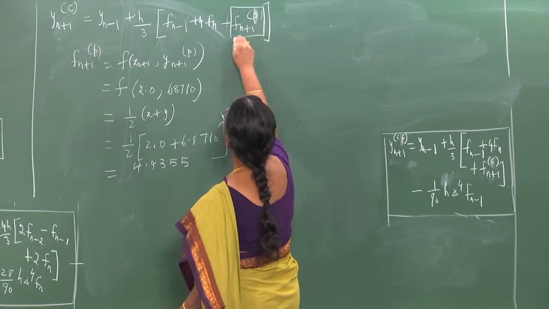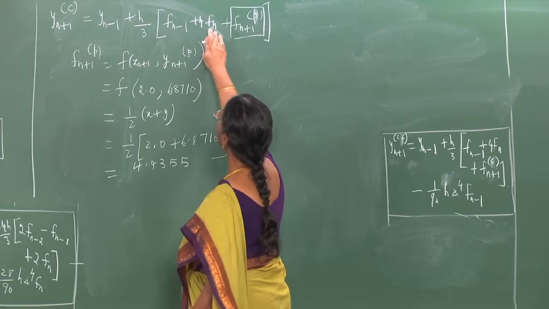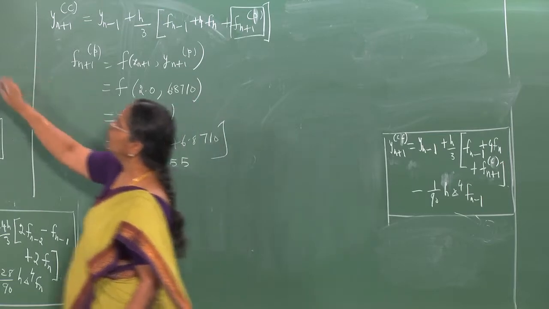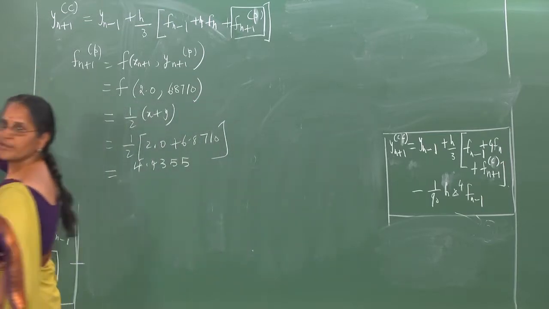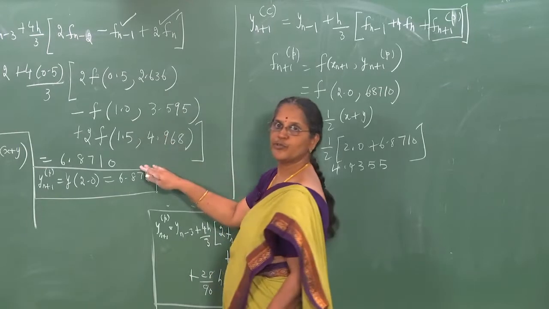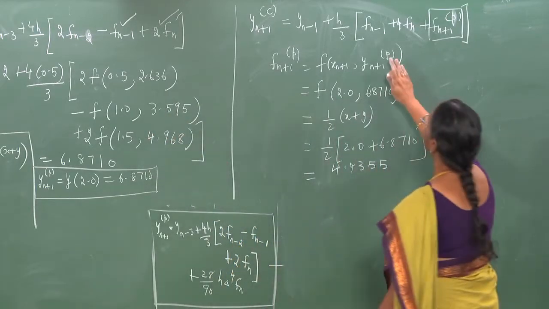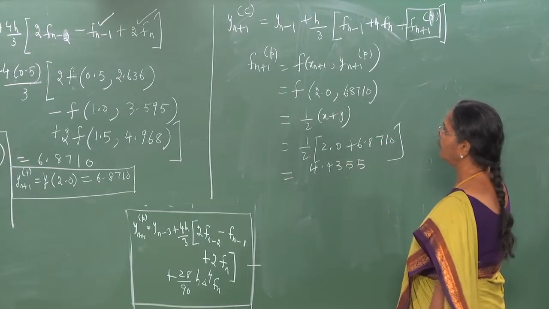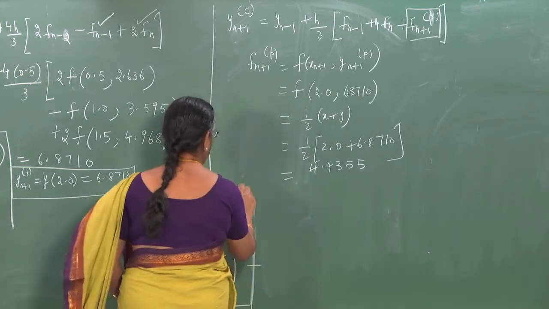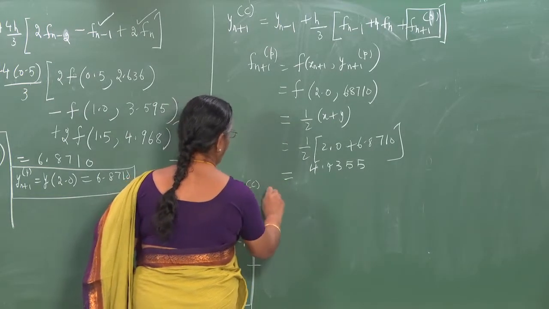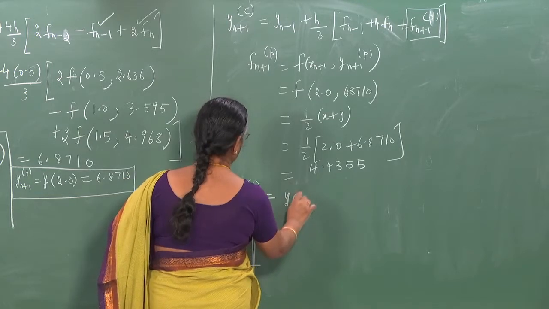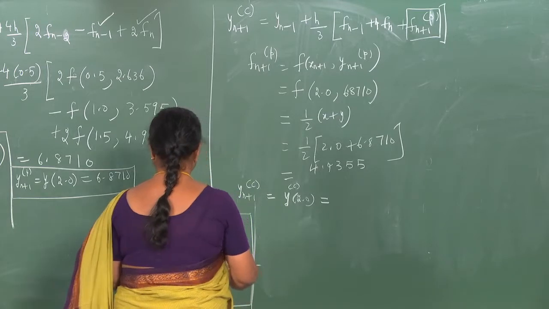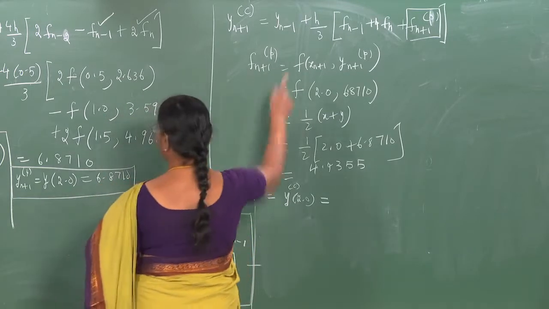That is the only value that you need to compute. The other values fn, fn minus 1 are already available to you because you have used them here. So, those values are available to you and you can take from there and substitute these by the values that you already have. And so, the corrected value of yn plus 1 is y at 2 corrected, and that is equal to yn minus 1.